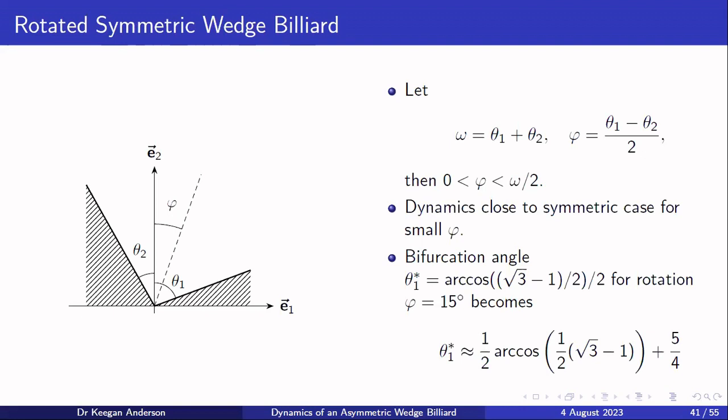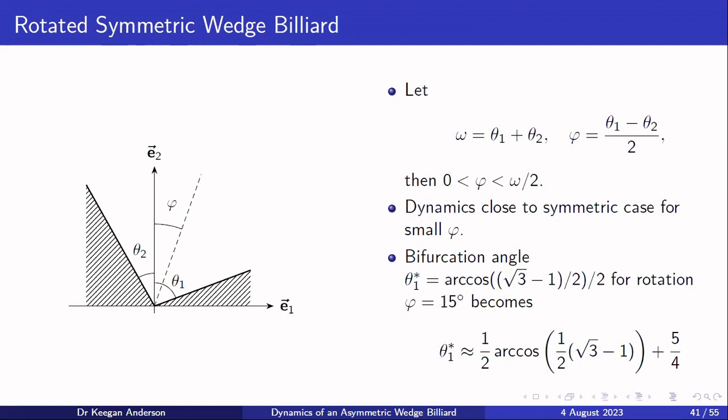So if phi is very small, the dynamics are very close to the symmetric case. But if phi increases, what you see in the phase portraits is a squashing of the phase portrait in one, say the left-hand phase portrait, and stretching in the other one. That illustrates the idea of the rotation offsetting our phase portraits. It was interesting to see in the simulations.